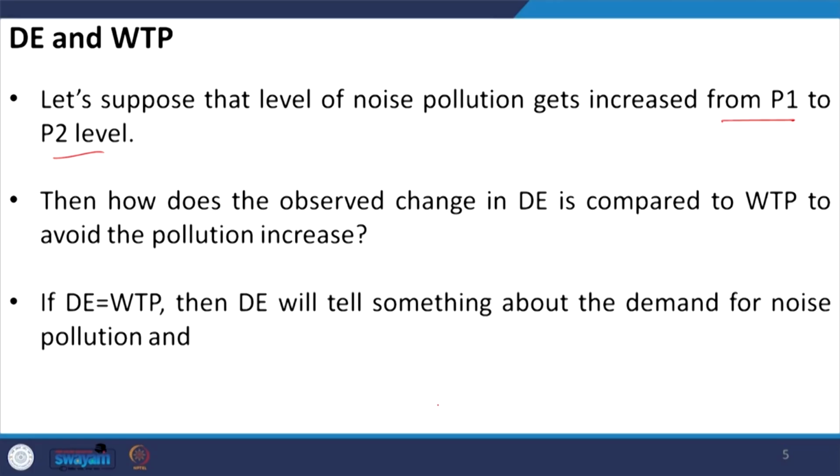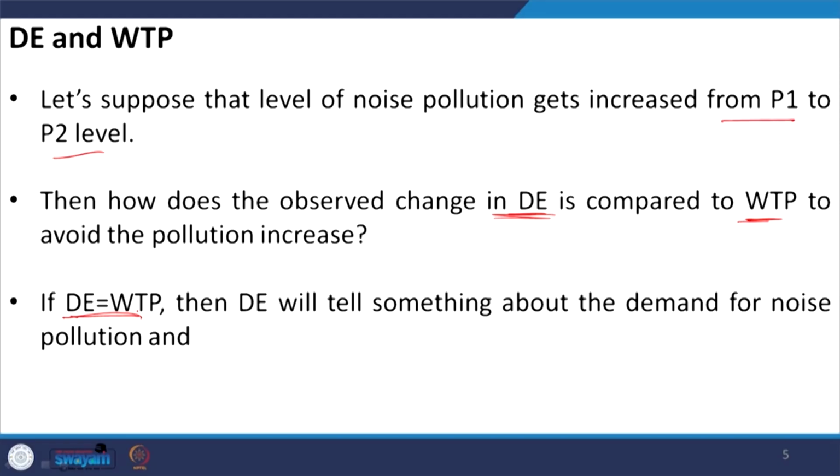So, that means here we are drawing these two things, the change in defensive expenditure and the willingness to pay.